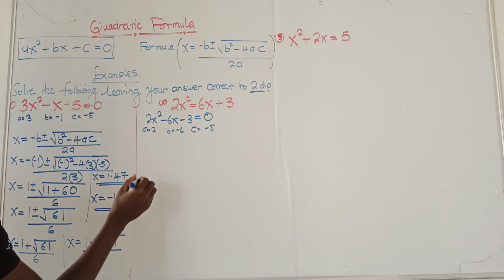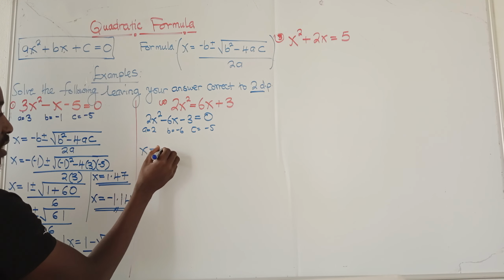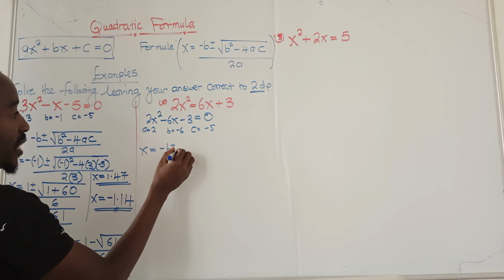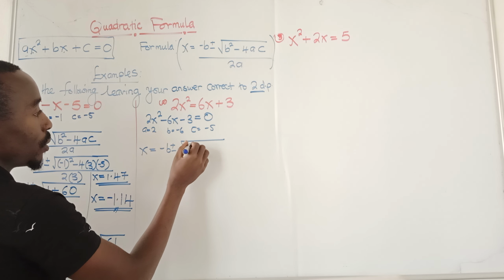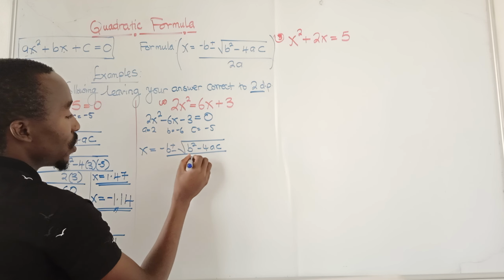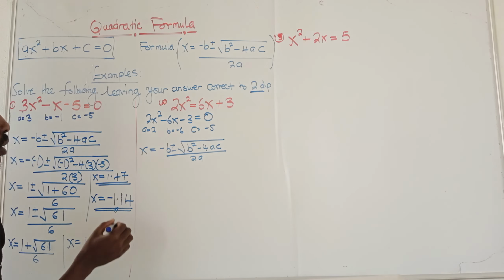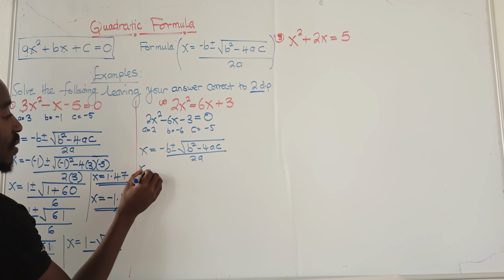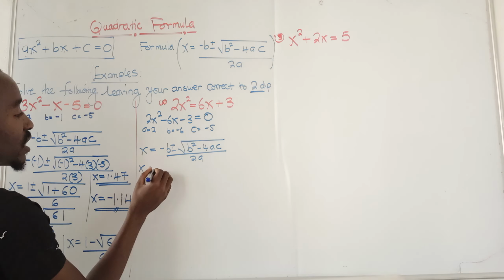5. Therefore, we use our formula x is equal to negative b plus or minus the square root of b squared minus 4ac over 2a. We replace in our formula, x equals to, what is our b? Negative 6.